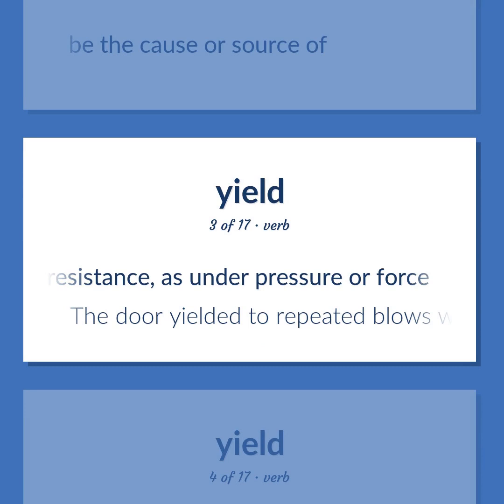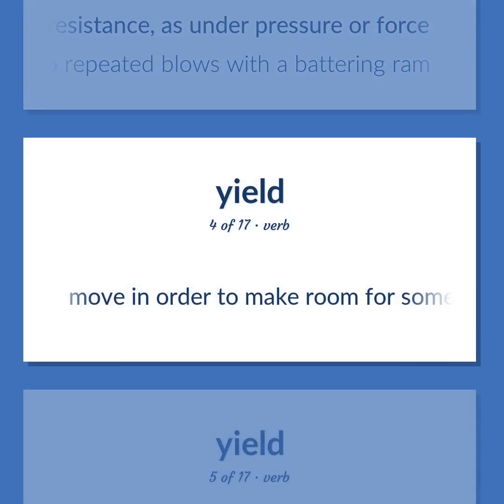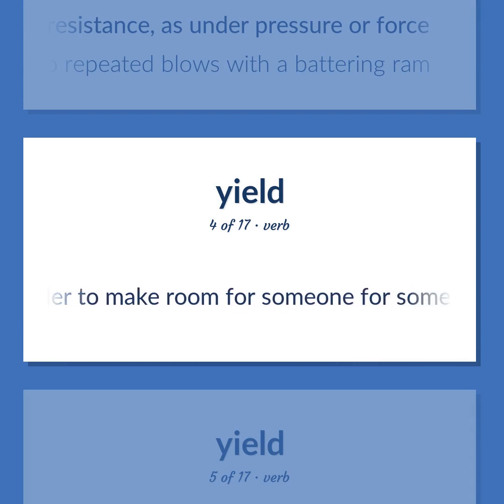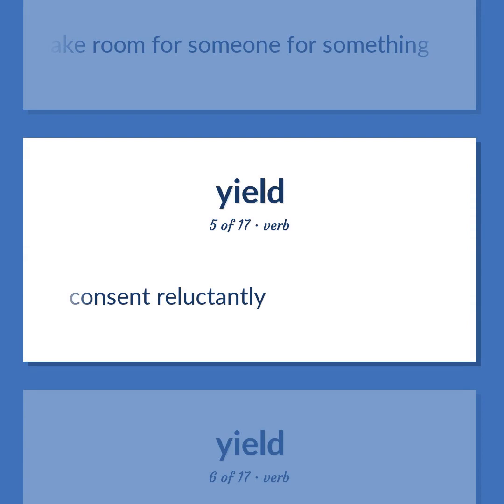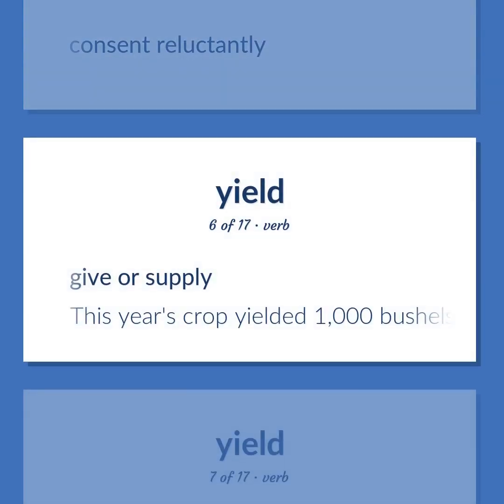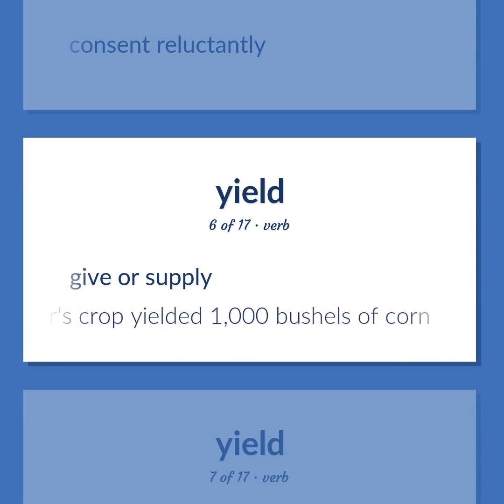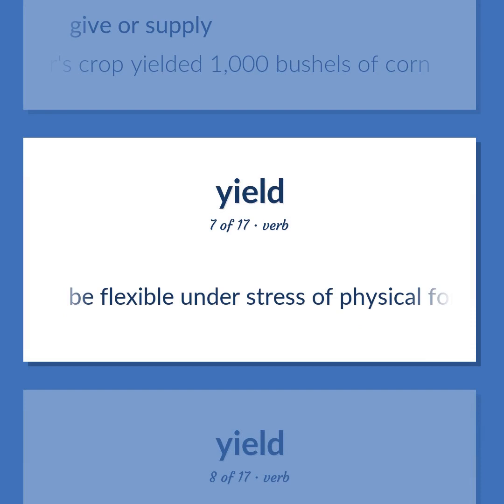The door yielded to repeated blows with a battering ram. Move in order to make room for someone for something. Consent reluctantly. Give or supply. This year's crop yielded 1,000 bushels of corn. Be flexible under stress of physical force.